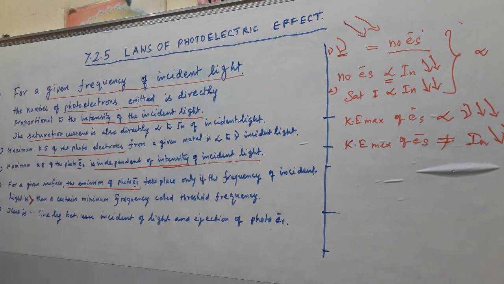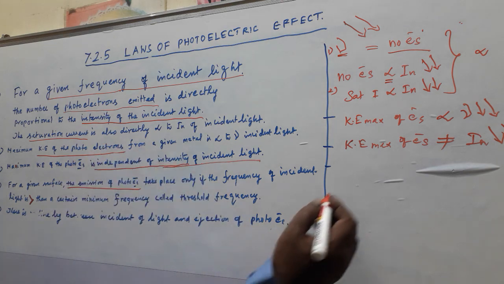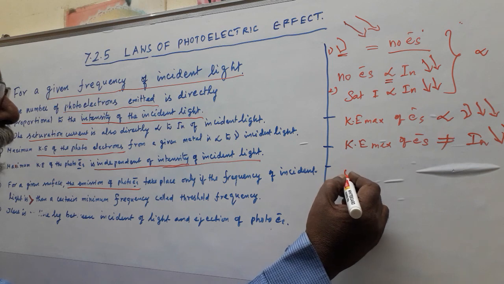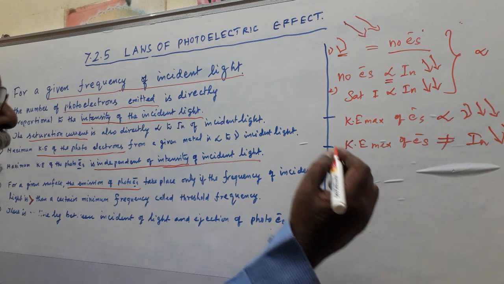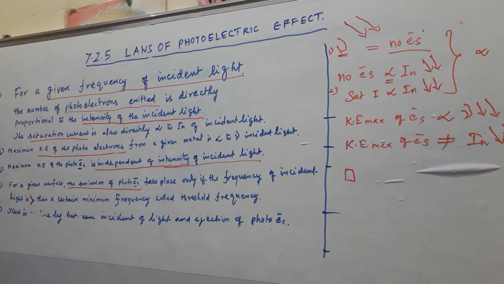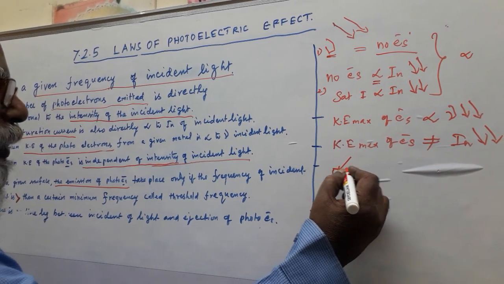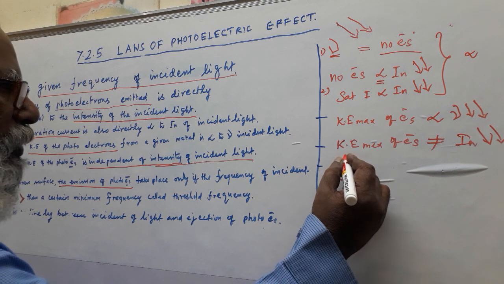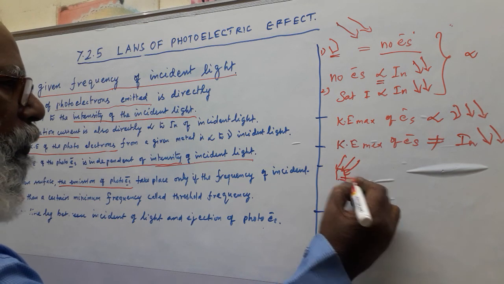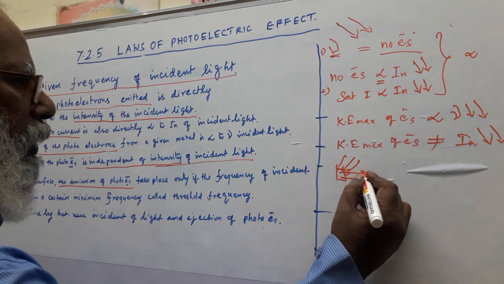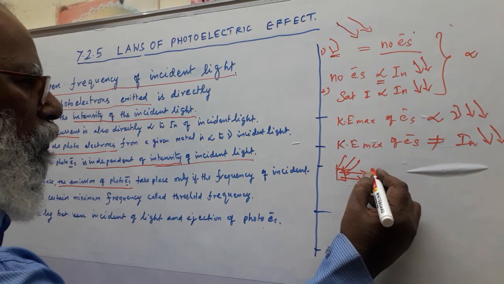What is the meaning of this law? If you consider any surface, or surface of any metal, whenever the incident ray hits the surface of the metal, there may be ejection of photoelectrons.